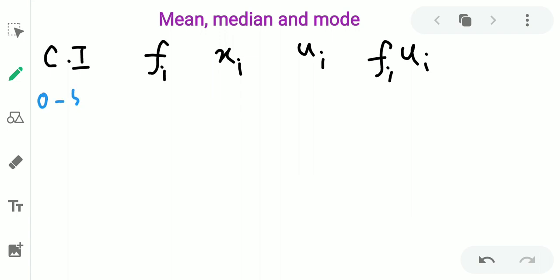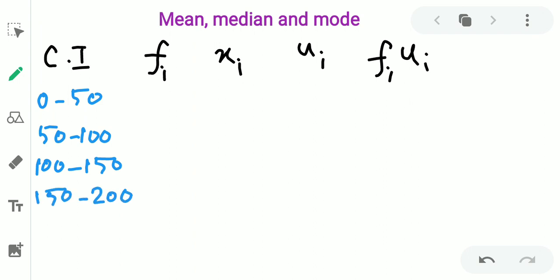The class intervals given are 0 to 50, 50 to 100, 100 to 150, 150 to 200, 200 to 250, 250 to 300.